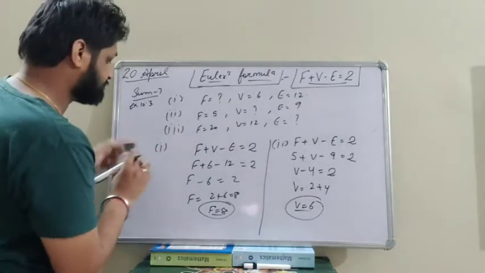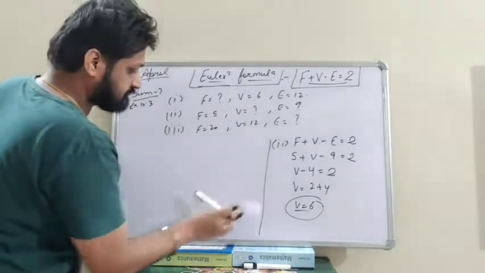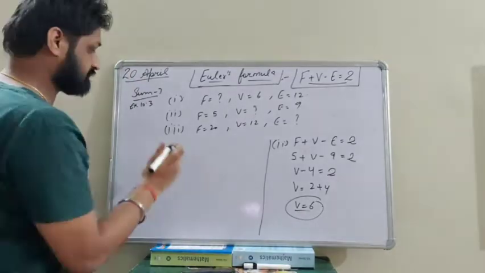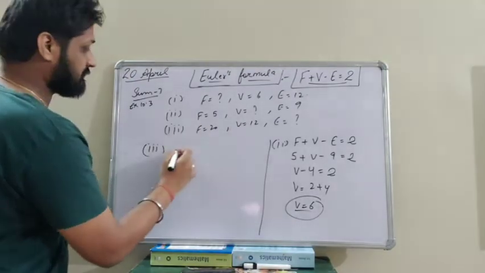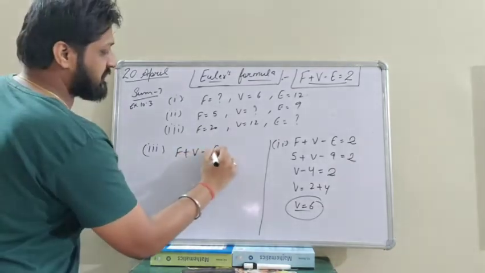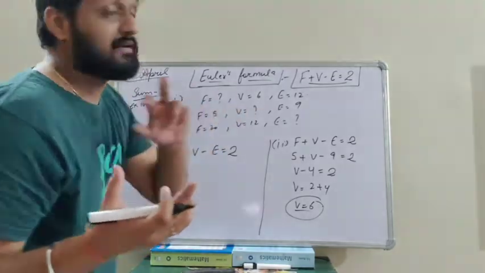Now the third part. Euler's formula, F plus V minus E is equal to 2. What we have to do is find the number of edges.